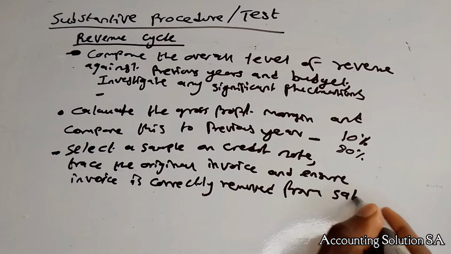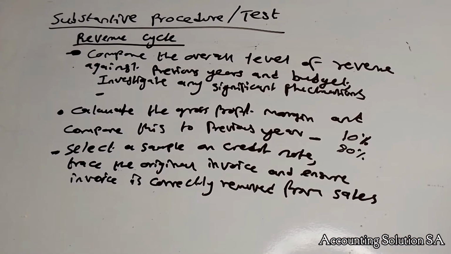Is the amount removed from sale? We have to check that. Why? Because you will find that the company has been faking what? A credit note. They are claiming that the customer has returned a good, so that they will manipulate what? The sales amount. So we need to investigate that when we perform a substantive procedure. Okay, so after that you need to comment according to the scenario that you have been given.